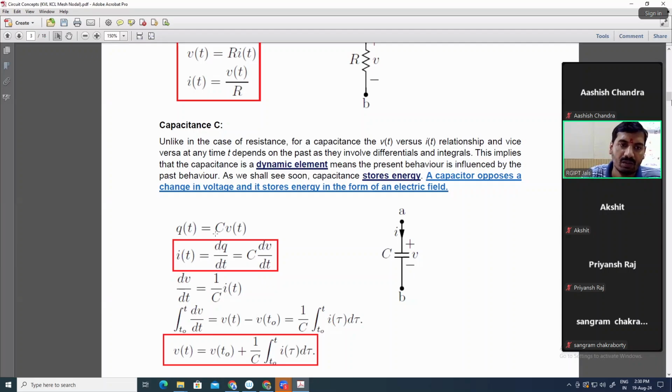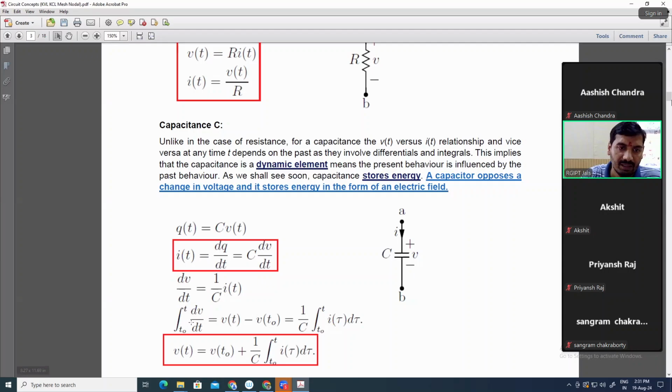So q(t) is equal to C v(t), Q is equal to CV, you know that. The current i(t) is equal to dq upon dt. So if we differentiate this C v(t), we get C dv by dt. So I is equal to C dv by dt. Or in other words, we can write dv by dt is equal to 1 upon C i(t).